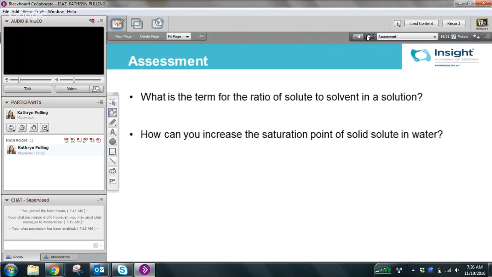First, what is the term for the ratio of solute to solvent in a solution? That's the vocab term way back at the beginning. Then answer the next question: how can you increase the saturation point of a solid solute in water? Do me a favor, answer both of these in complete sentences, and email me your answers if you would like to have this count as attending class.